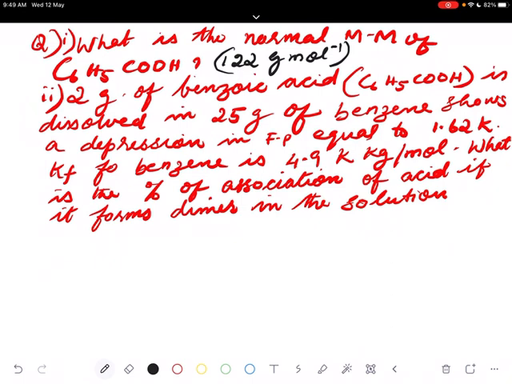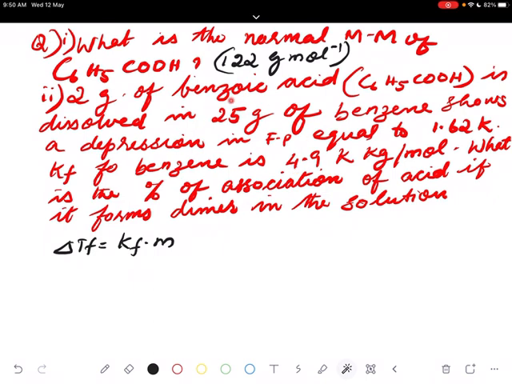Delta Tf is equal to Kf dot m. You can use i Kf dot m. I am finding it out like this, then I'll be doing that separately. So let's see. The original molar mass is this thing.